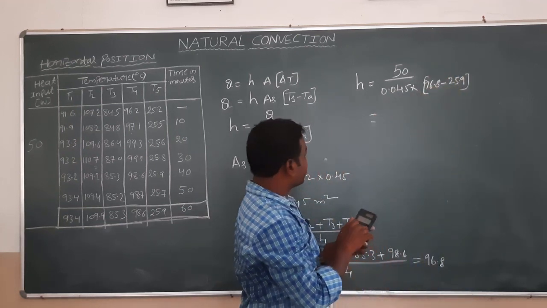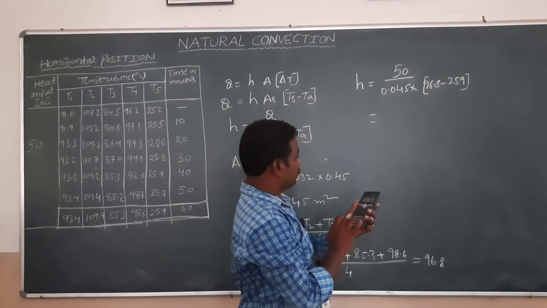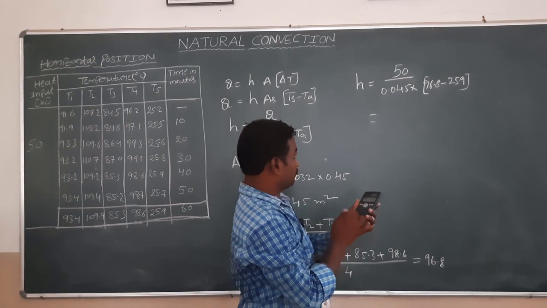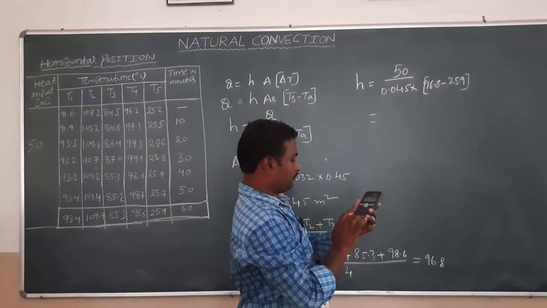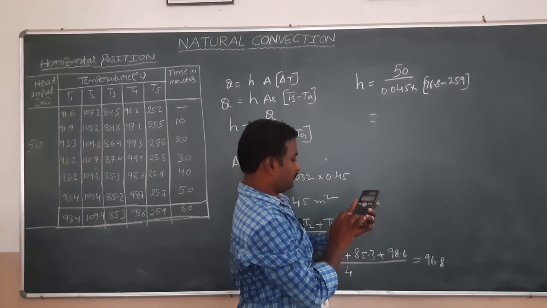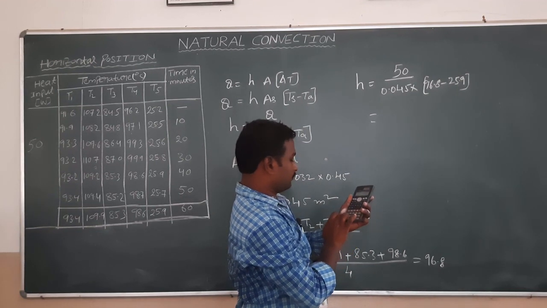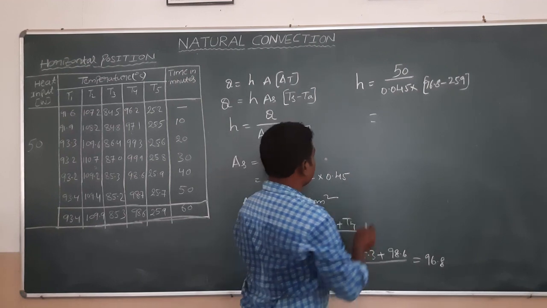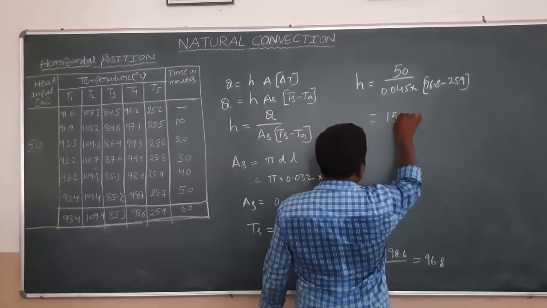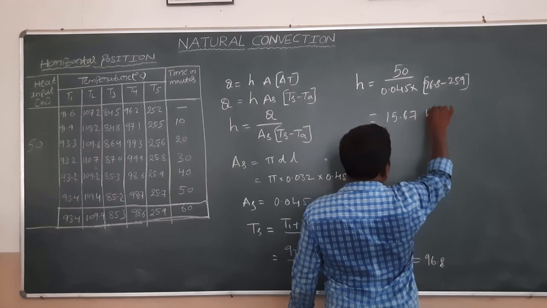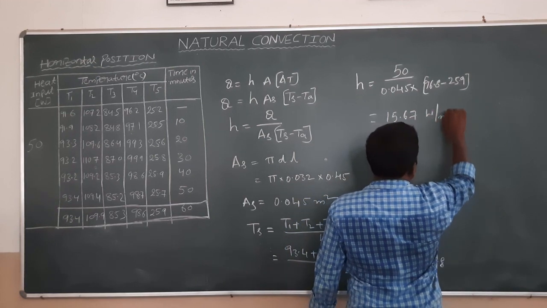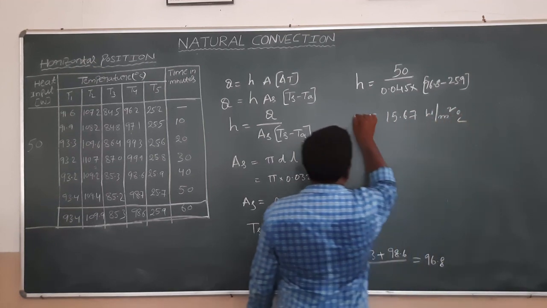Calculate the heat transfer coefficient. It is 15.67 watt per meter square degree centigrade.